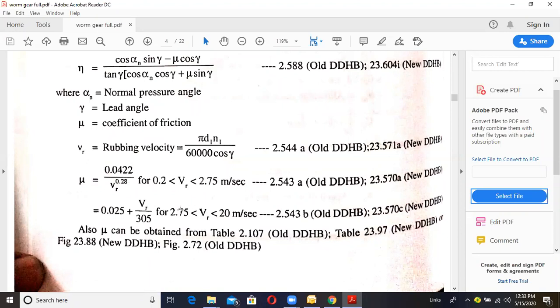If VR is greater than 2.75 and less than 20, then you take the second formula to calculate mu. So based on VR you take mu, substitute, and calculate the efficiency. That way we calculate the efficiency of the worm gear.